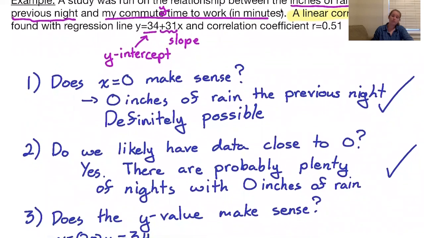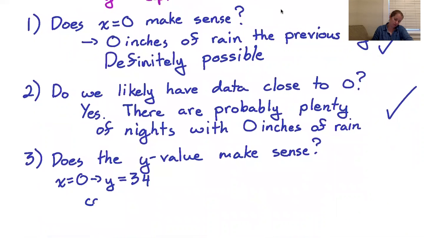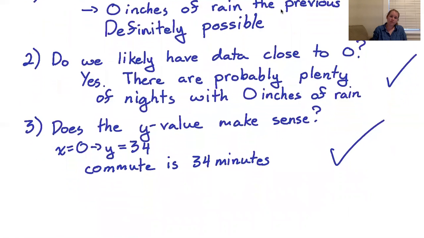And we're talking about commute time to work in minutes. So this is saying that the commute is 34 minutes. And that could absolutely be reasonable. Not knowing my commute, obviously you wouldn't know, but it certainly is reasonable that someone could commute 34 minutes to work. So all of these work. So this means that we are clear to interpret.